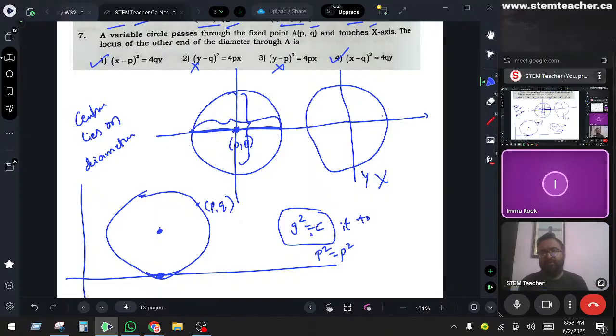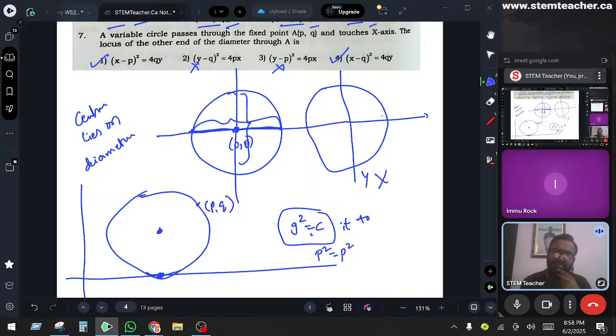The other end of the diameter, what is it asking? The other end of the diameter. p square, q square, p minus q whole square, p square plus q square plus 2pxq.